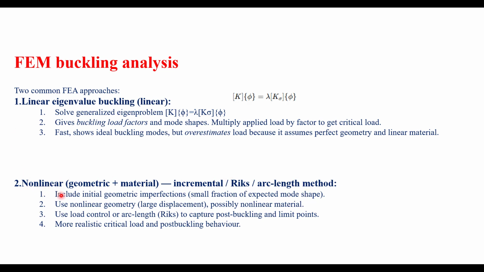So what exactly do we do? It includes the initial geometry imperfections. Let's say if your model has some sudden slenderness or necking regions, it will take that into account. Then it will give the mode shapes on that particular region so that you can easily predict where exactly buckling is going to happen. Next, it will also use the non-linear geometry.